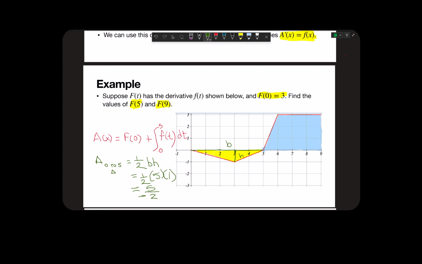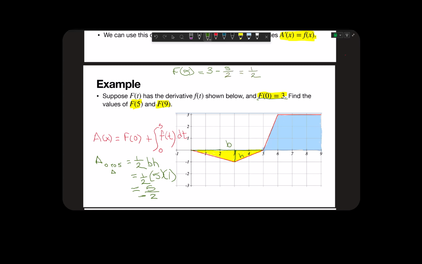So if I wanted to know what f(5) is, f(5) is going to be equal to f(0), which is 3, minus 5/2, which is 1/2. If I want to know what f(9) is, it's going to equal 3, and again, minus 5/2.